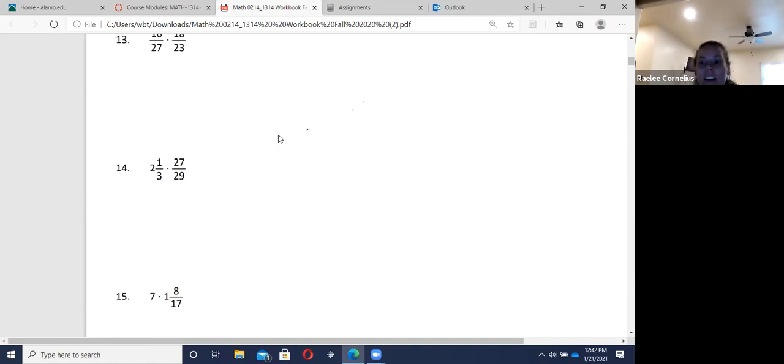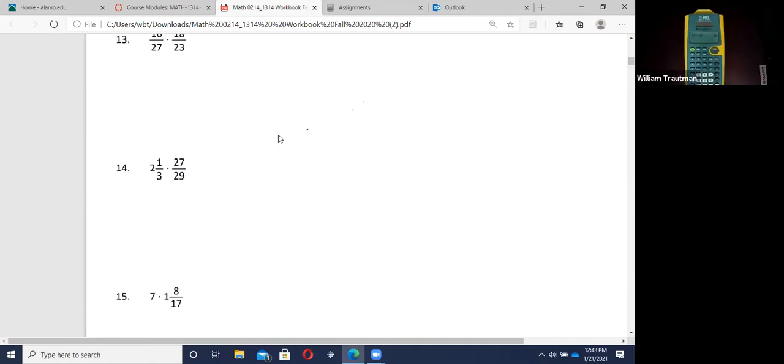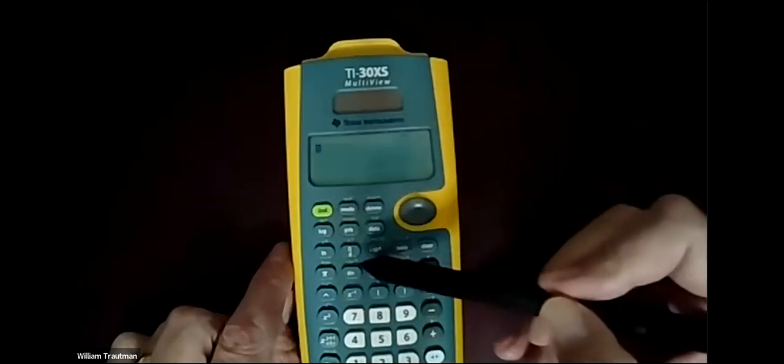Right. So I'm glad. Okay, so number 14, let's try it on our calculator. We have to put in a mixed number first and then a fraction. So you see, you have to type in the mixed number first. Do you remember how to type in the mixed number? Yes. So remember, the mixed number is right above the fraction. Here's the fraction.